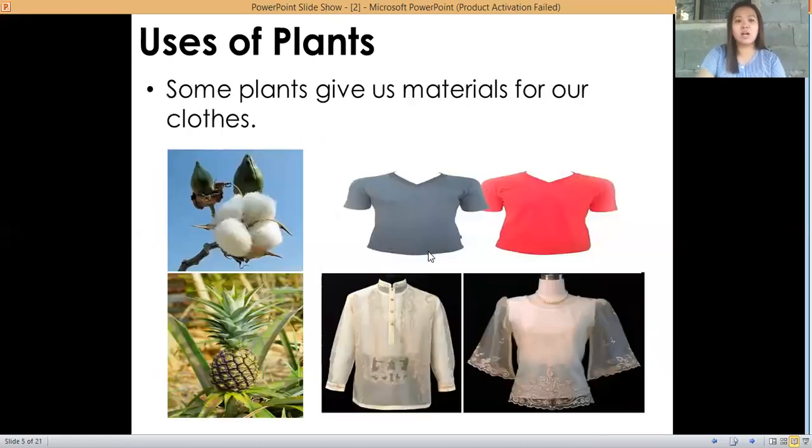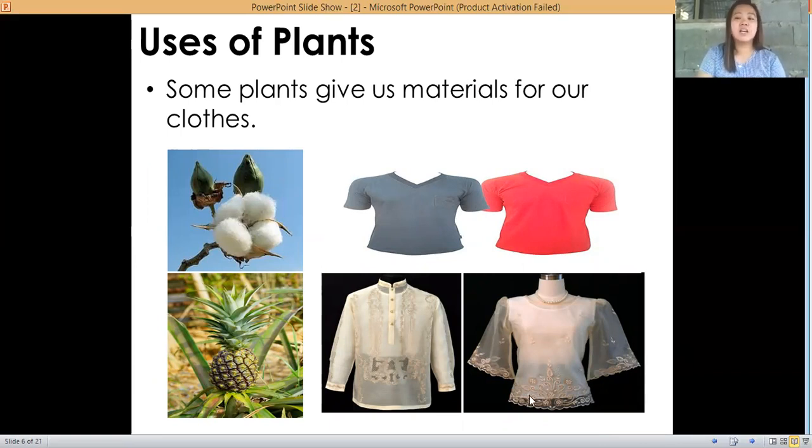Also, some plants give us materials for our clothes. This one is the cotton plant. From this, we can make clothes. And this is the pineapple. From the pineapple fiber, you can make the barong Tagalog and the baro't saya for the girls.